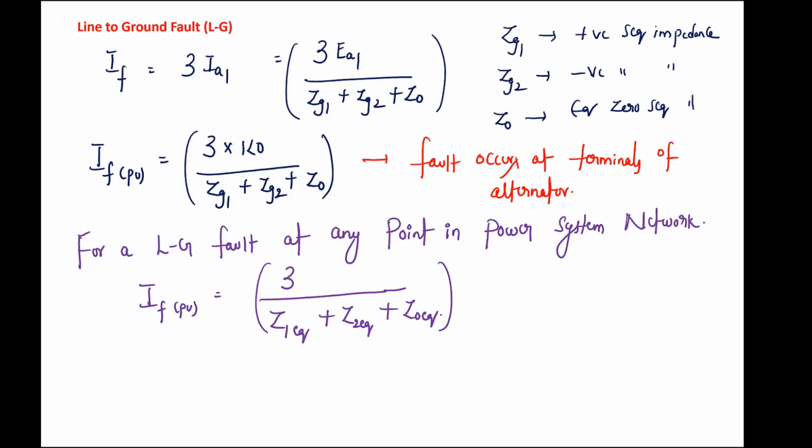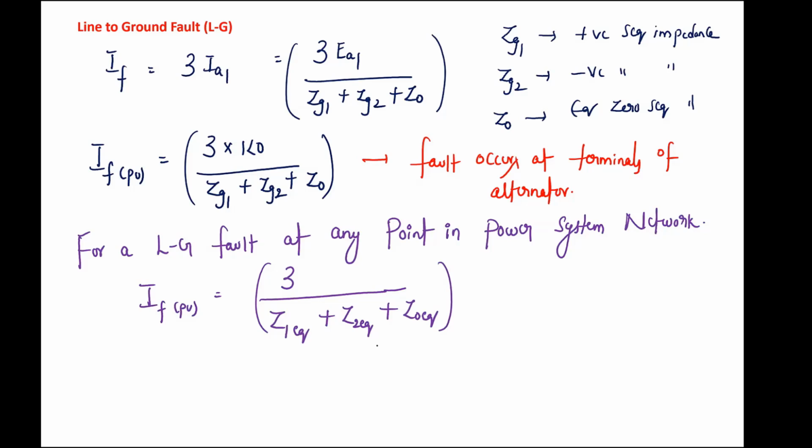We have already computed all these things for the different sequence networks. Very simple. Just divide 3 by the sum and write the per unit values. You are going to get the IF per unit.